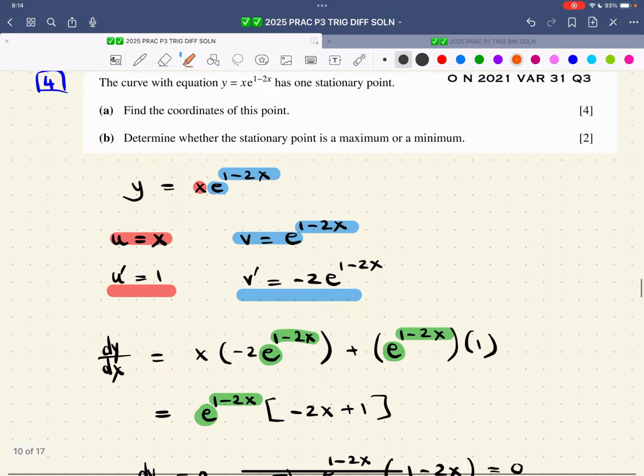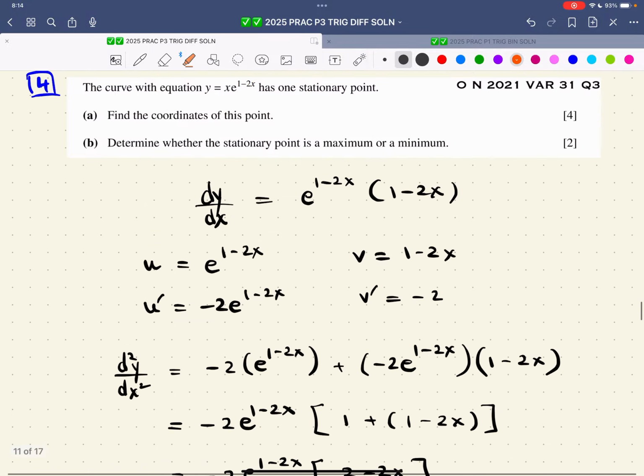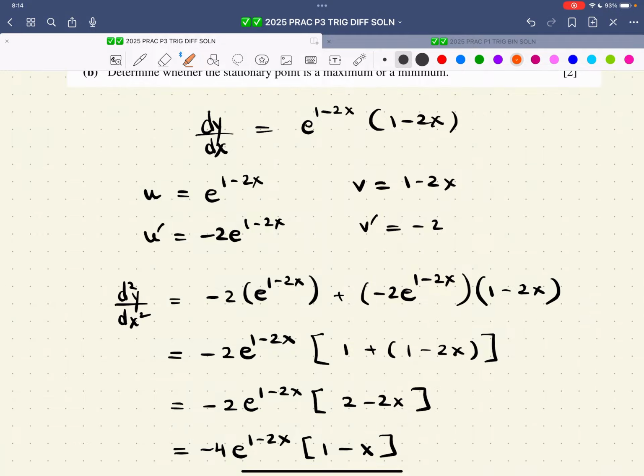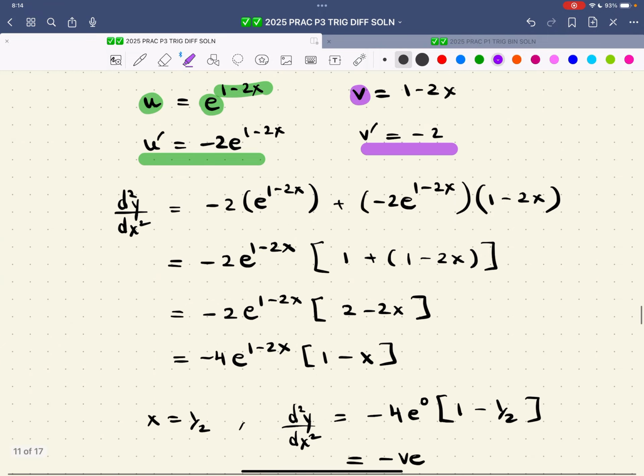Nothing is done. Determine whether it's a max or a min. So now we have dy by dx is this thing. Now again we have u over here, and this is u prime. Again more application of quotient rule. This is v over here, this is v prime over here, again crisscross. That is u, v prime, v, u prime. Again, what are you taking common out?